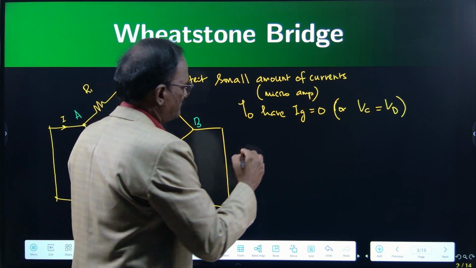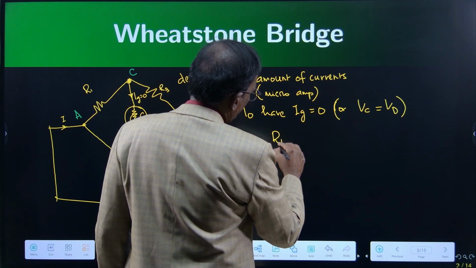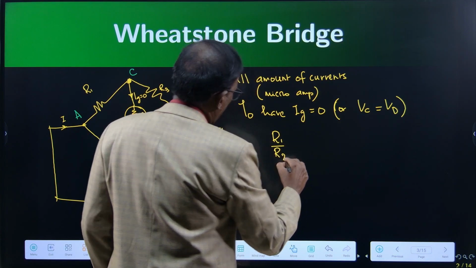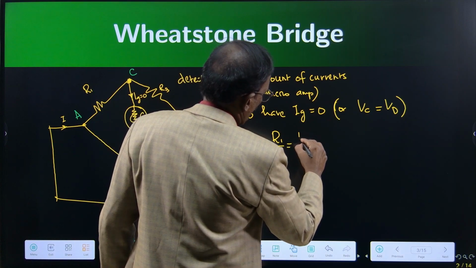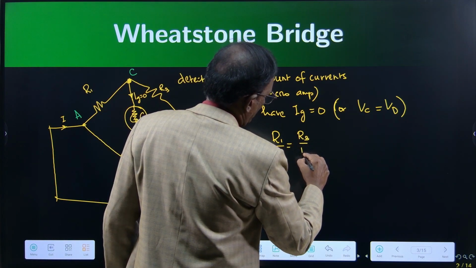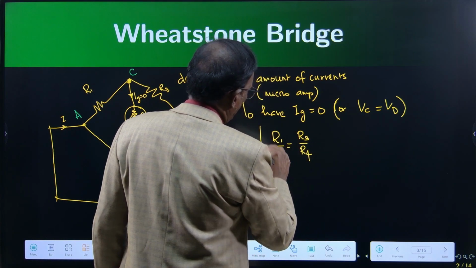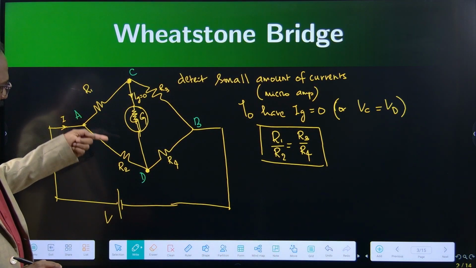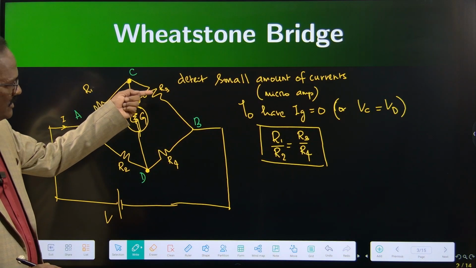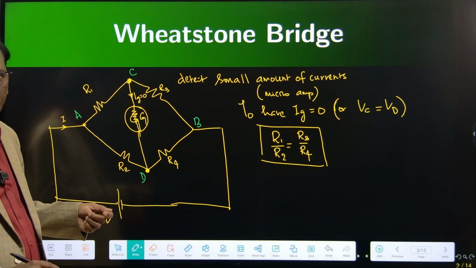What is the condition? The condition is R1 by R2 is equal to R3 by R4. This is the condition. R1 by R2 is equal to R3 by R4.